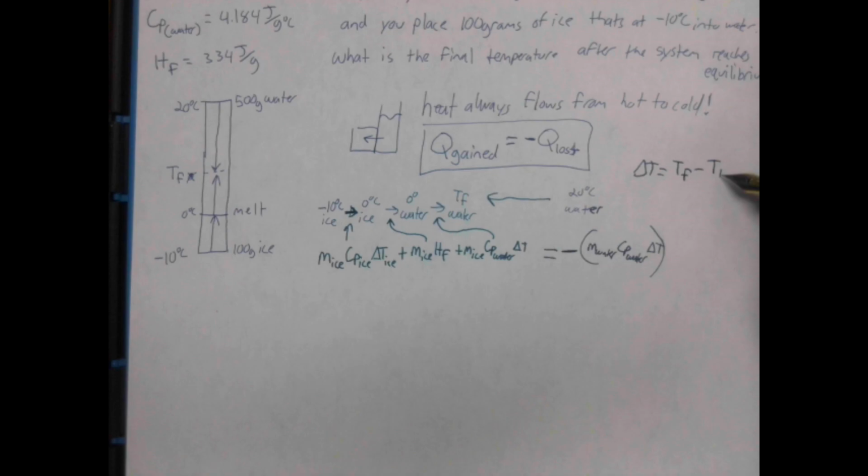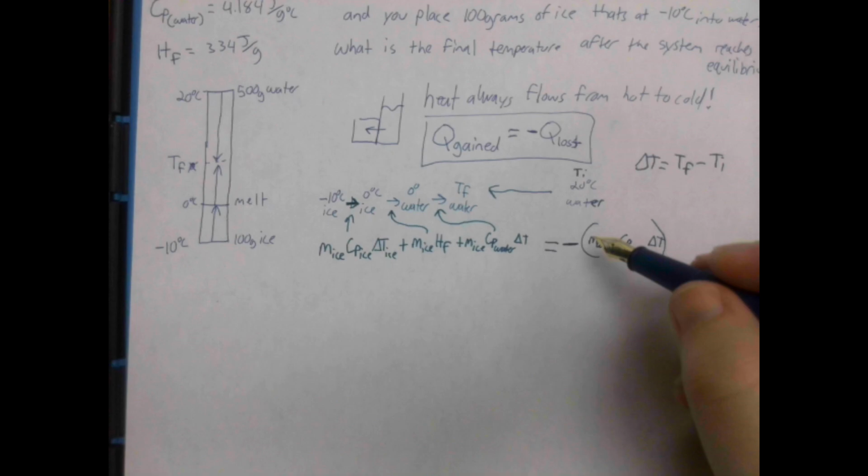If you do initial minus final, it's the same thing as multiplying by negative. And I think it works out better if you always do TF minus TI and add the negative sign to this. Does that make sense?